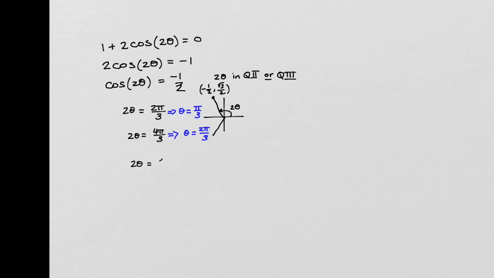And I find that angle by taking 2 pi over 3 and adding 2 pi onto that. And notice that there's a lot of 2's going on here, so why don't I just divide by 2 and get theta equals pi over 3 plus pi. So what is that? That's 4 pi over 3. There you go.